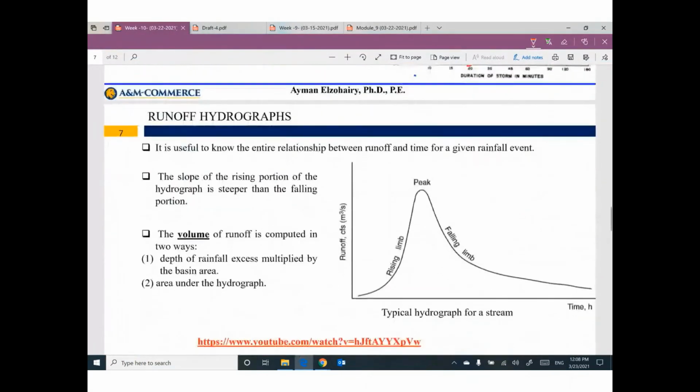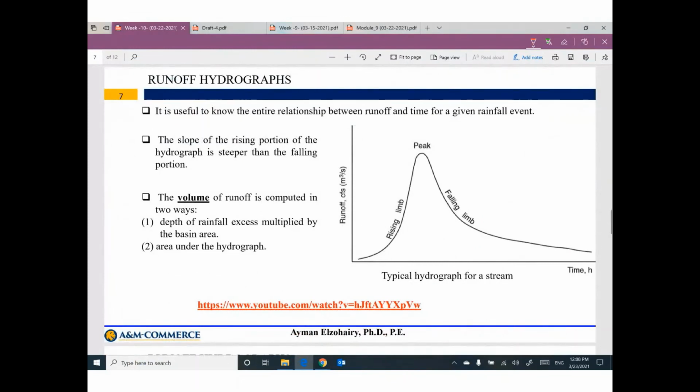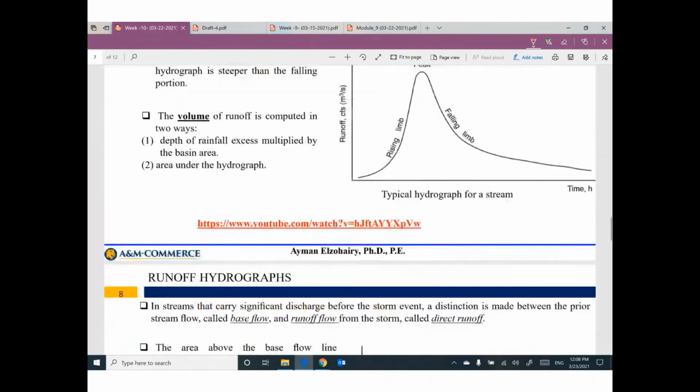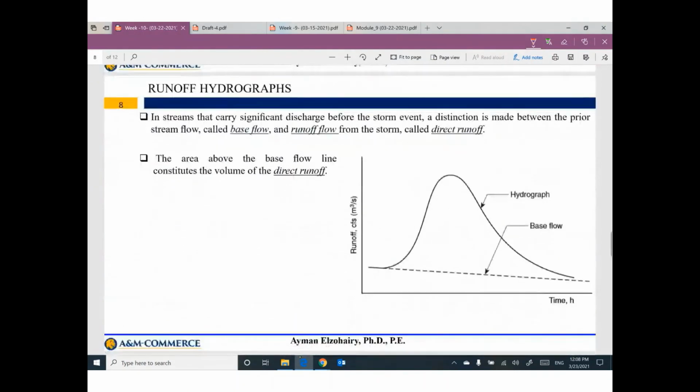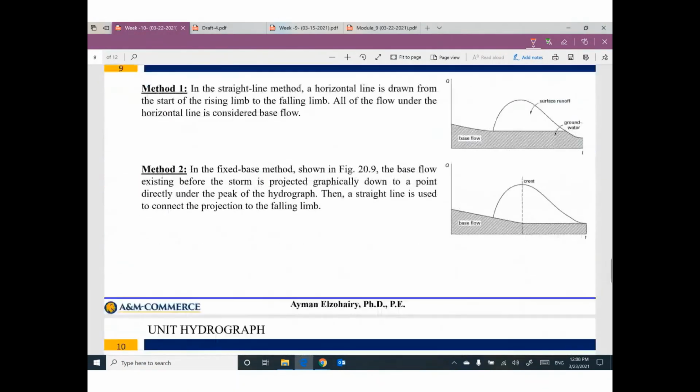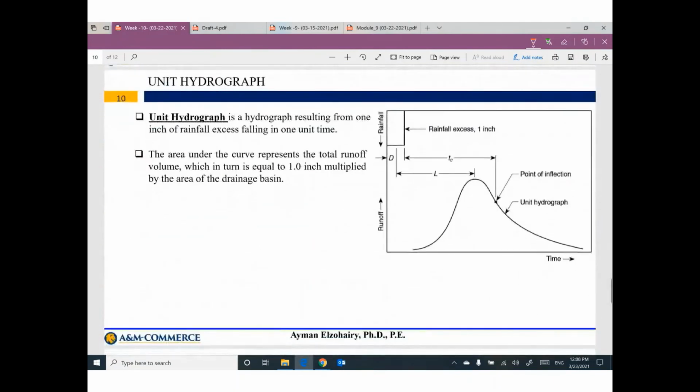We have another concept here called hydrograph. We have two types of hydrograph. The first one, total hydrograph. The second one called unit hydrograph.